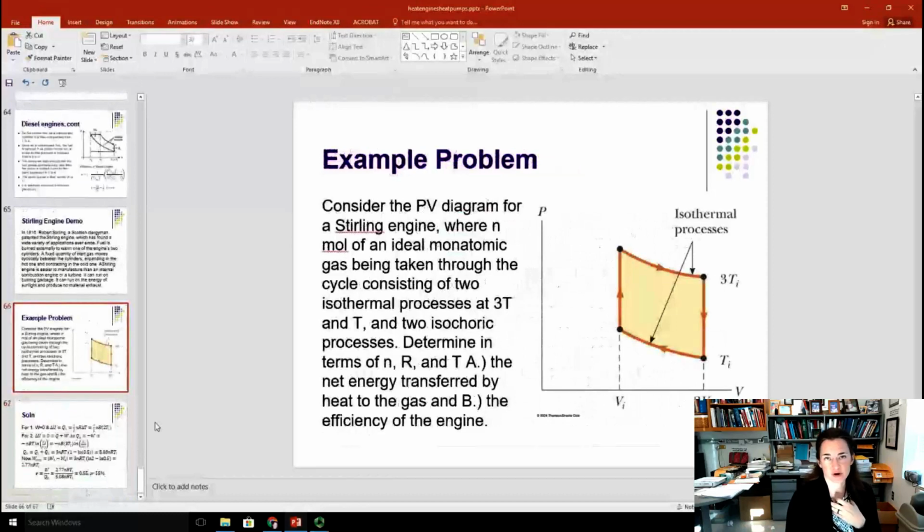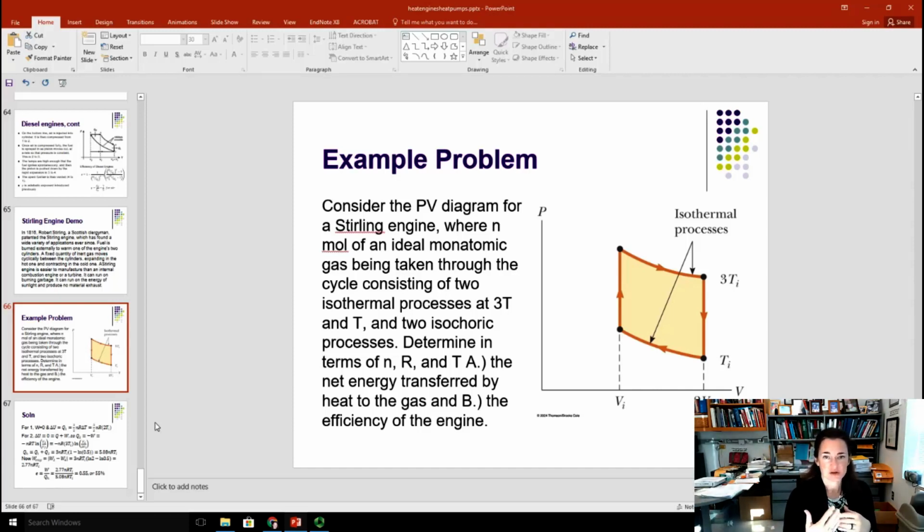So I have an example problem based upon the Stirling engine that I'd like to work for you. Here's a PV diagram for a Stirling engine. You can see that it has two isothermal processes and two isovolumetric, also called isochoric, processes.